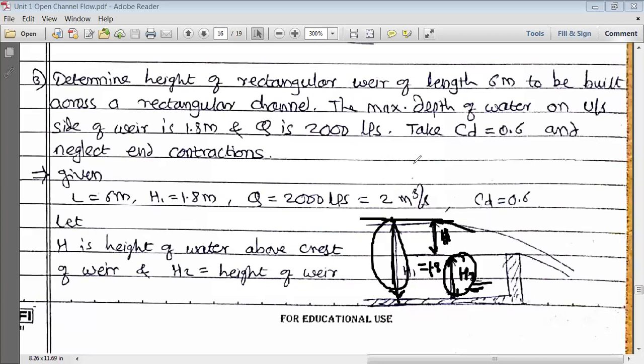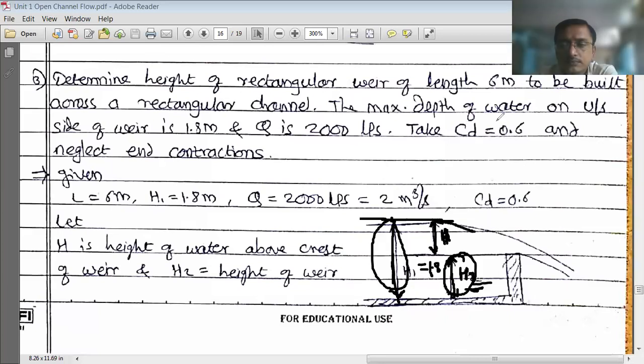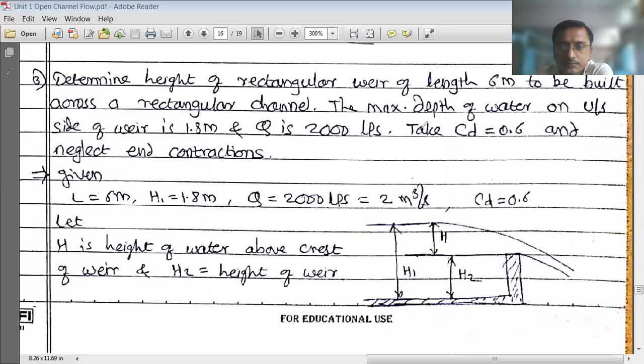Okay, what we will get there? Whether we will get H2 or capital H? H2 भेटेल का capital H भेटेल? Capital H. Correct.